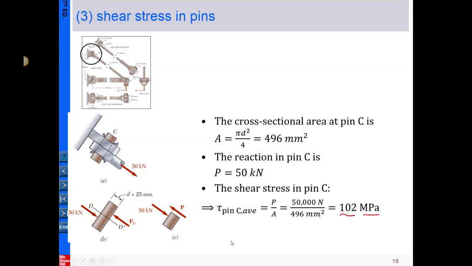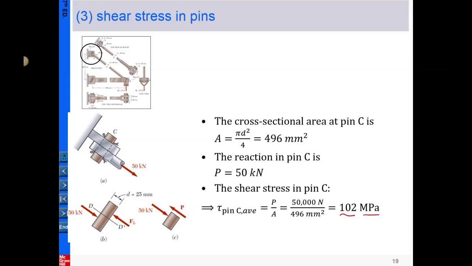Okay, so on average, the shear stress in this cross section will be pointing in that direction. So in this way: magnitude, unit, and direction. Three things together, you have completed categorizing the shear stress.